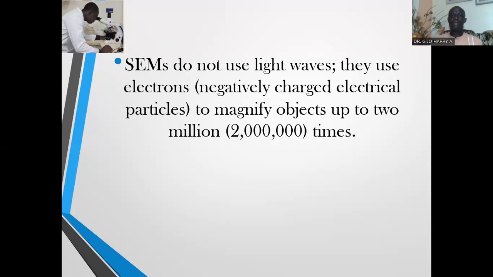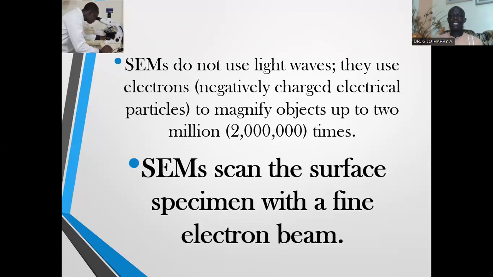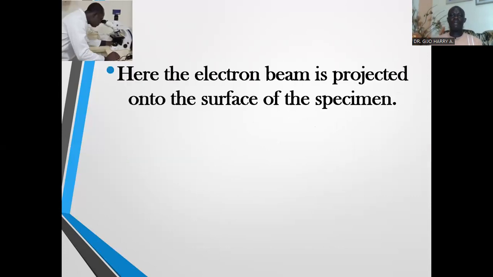It uses electrons, which are negatively charged electrical particles, to magnify objects up to 2 million times. Scanning electron microscopes scan the surface of the specimen with a fine electron beam.